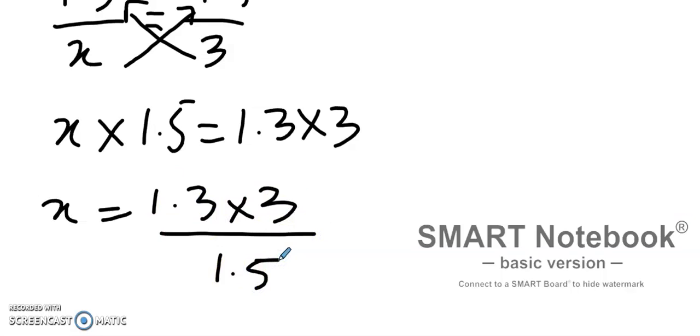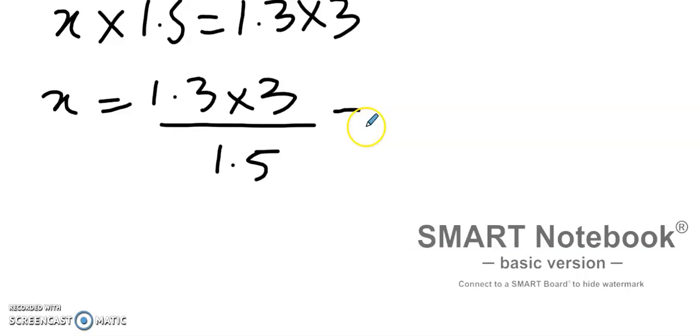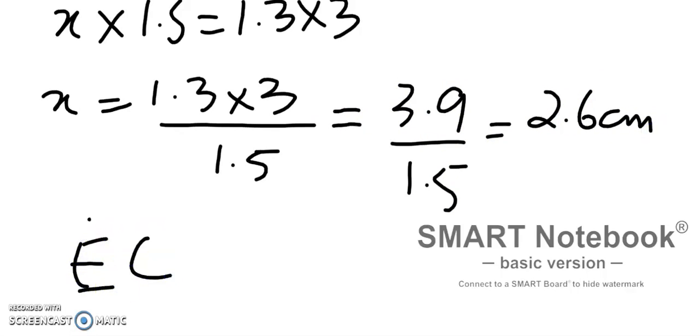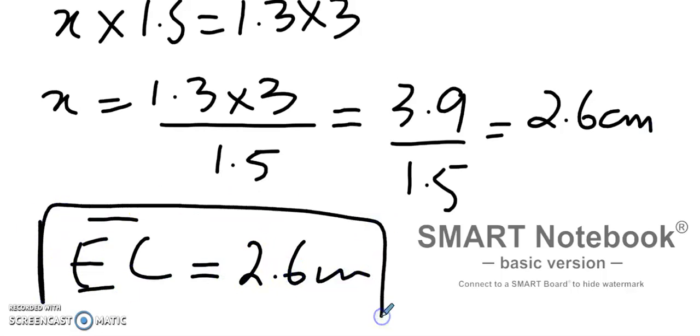So using your calculator, 1.3 multiplied by 3 will give you 3.9 by 1.5. So the answer would be 2.6 centimeter. It means the unknown length is 2.6 centimeter. So in this way, you will find your unknown value.